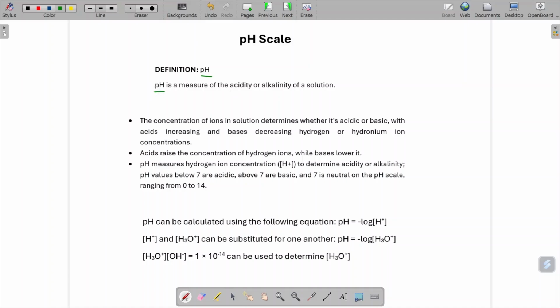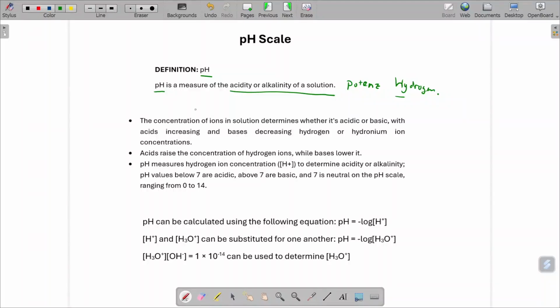pH is a measure of the acidity or alkalinity of a solution. pH comes from a German word, potens hydrogen, pH. Now, according to the Bronsted-Lowry model, an acid is a proton donor and a base is a proton acceptor.